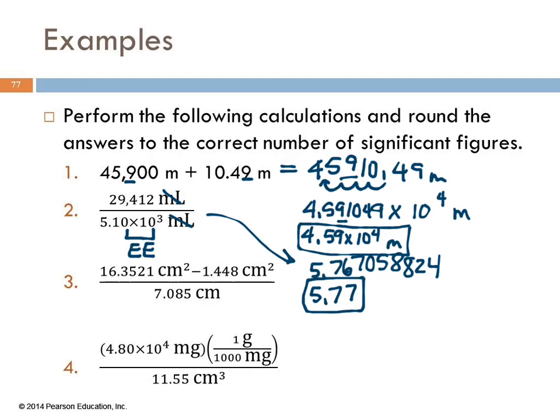I need to be smarter than my calculator. I know that because of how this is written, the subtraction needs to be finished first before I divide. So I need to press the equal sign. The display then changes to 14.9041. Now I can divide. Otherwise, I'm going to end up with the wrong answer.